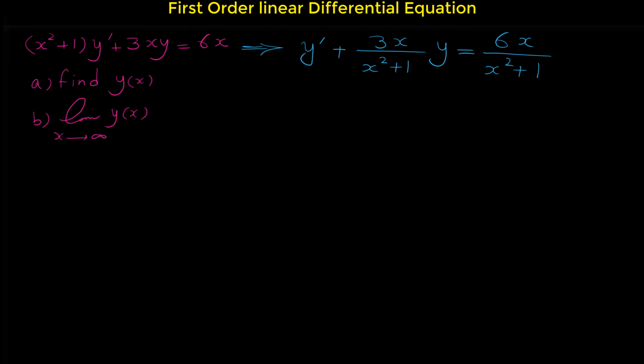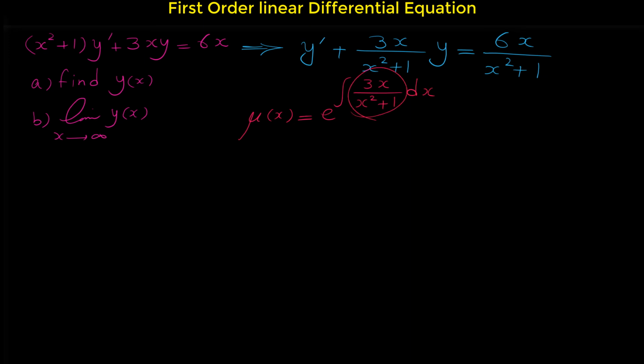Now we can start to solve this differential equation, because now the equation is in the standard form. First, as usual, we have to find the integrating factor. Mu of x, the integrating factor, is e to the power of integral of 3x over x squared plus 1 dx.